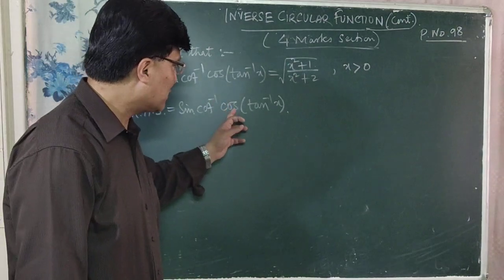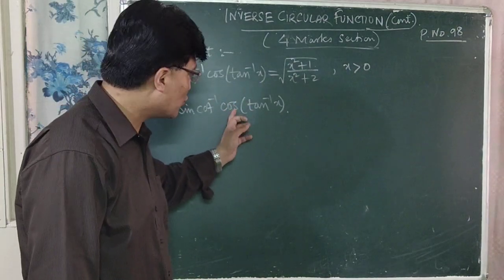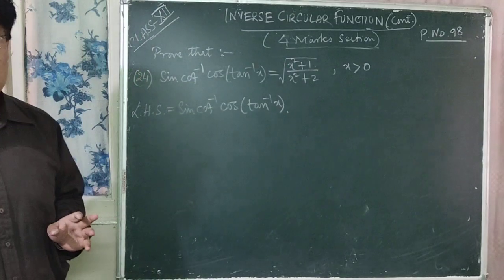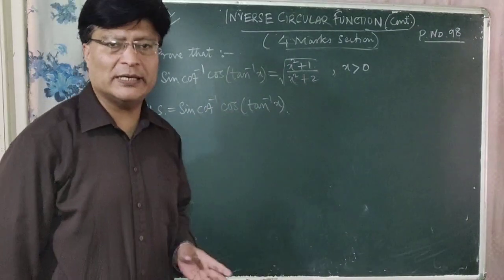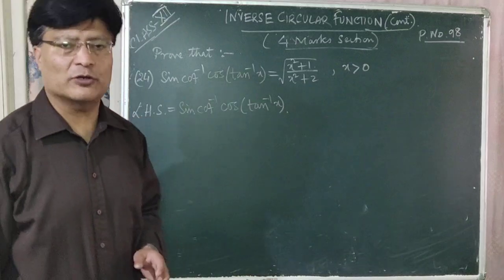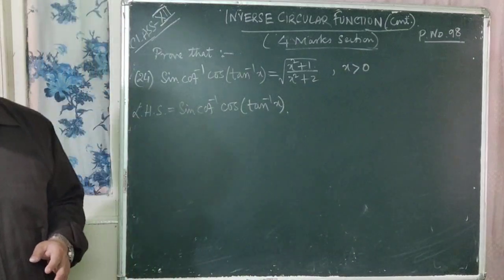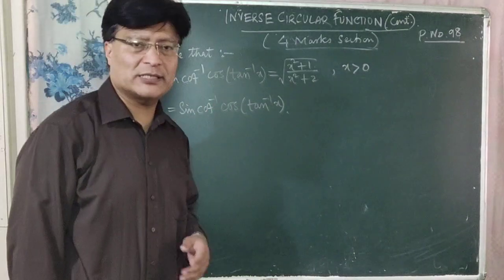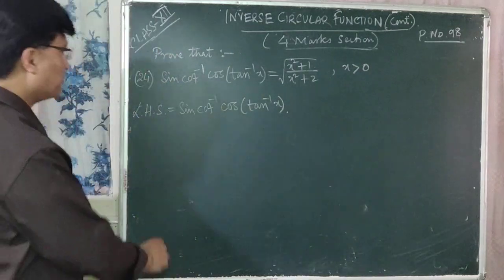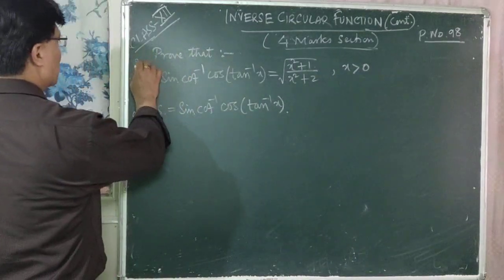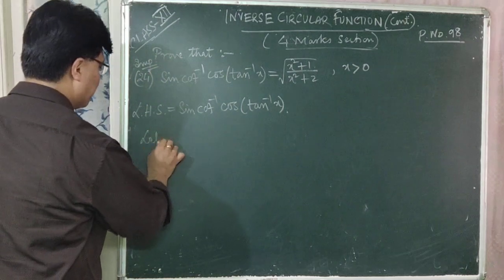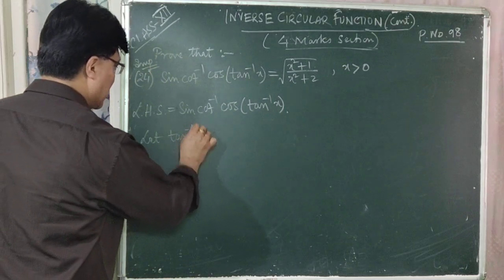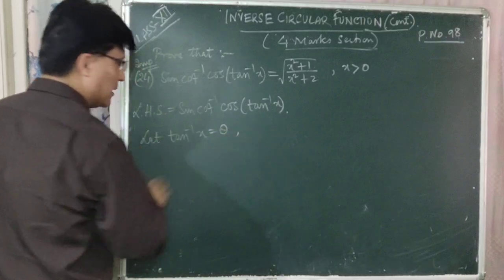Now within cos there is an inverse circular function, that is tan inverse x. Let us assume this tan inverse x as theta. This is an important question, you can mark it. So let tan inverse x is equal to theta.